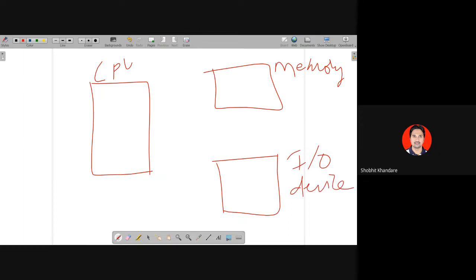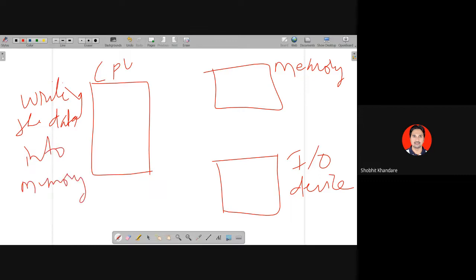Now when your CPU wants to access your memory, that means if it wants to write the data into the memory, what happens first? First the control signals get activated. So my task is writing data into memory.